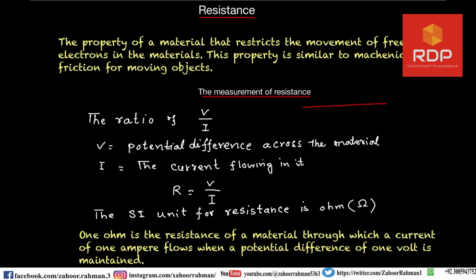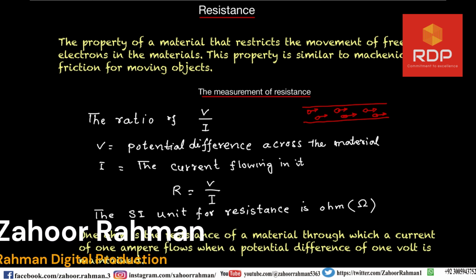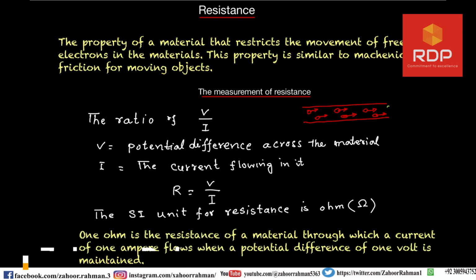If there is a conductor in which there are free electrons, and these electrons are moving in the conductor to produce electric current. Now there are lattice atoms. Let me make it with another color.